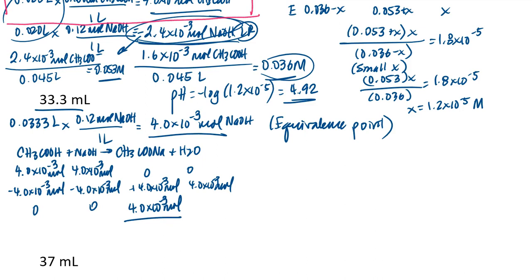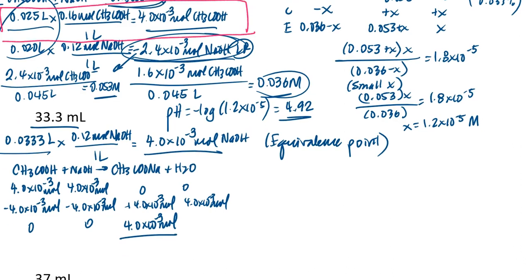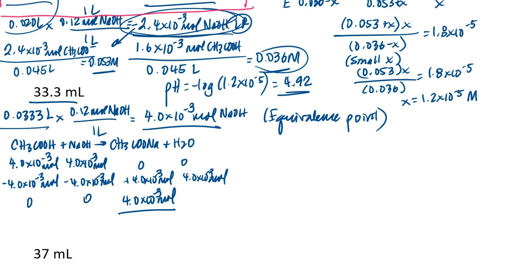And so I'd have to divide by my total volume of solution, which would be 0.025 liters added to 0.0333 liters. That ends up being 0.0583 liters of solution, or total volume 58.3 milliliters. If I do that math, that means I'm 0.069 molar in the acetate.